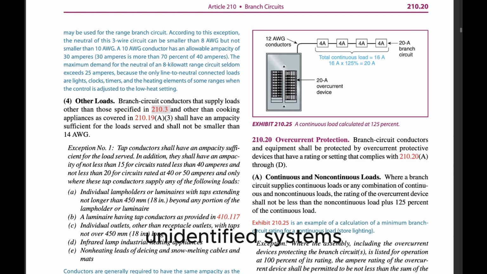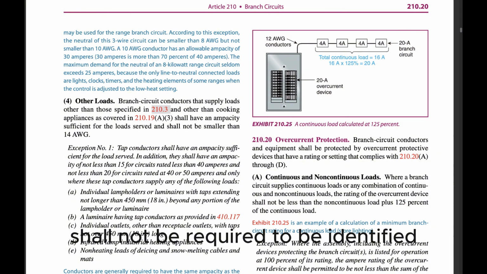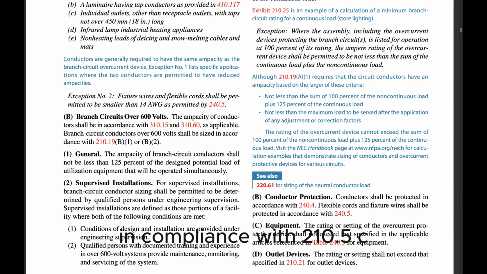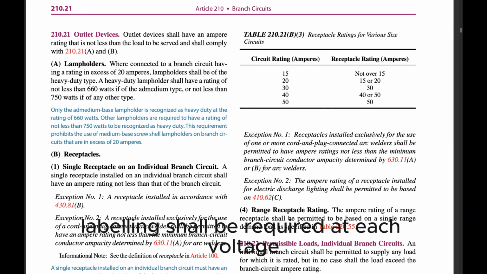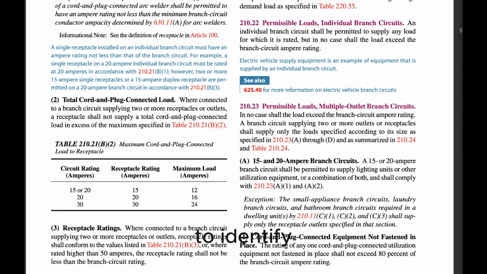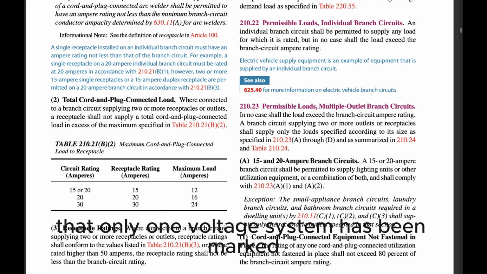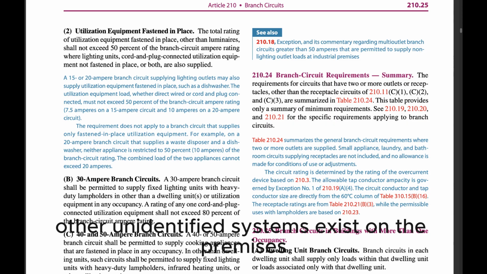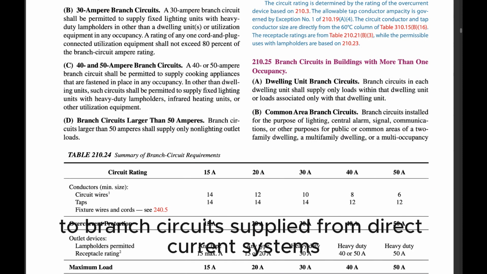Existing unidentified systems shall not be required to be identified at each termination, connection, and splice point in compliance with 210.5(C)(1)(a) and (b). Labeling shall be required at each voltage system distribution equipment to identify that only one voltage system has been marked for a new system. The new system label shall include the words "other unidentified systems exist on the premises."